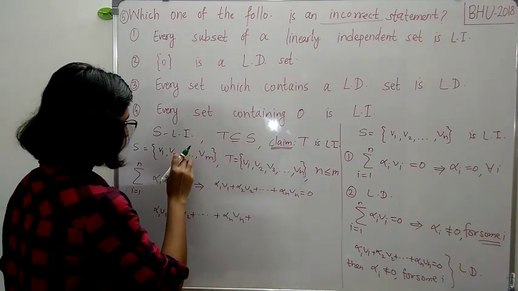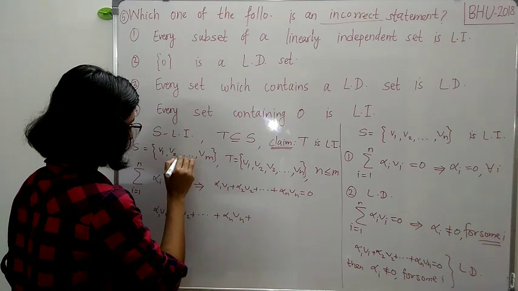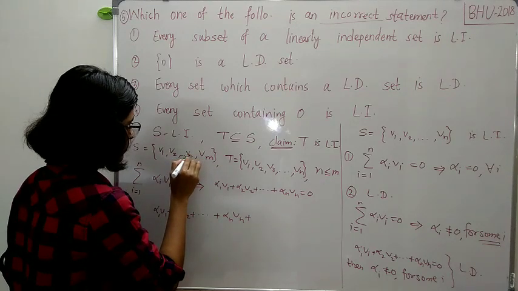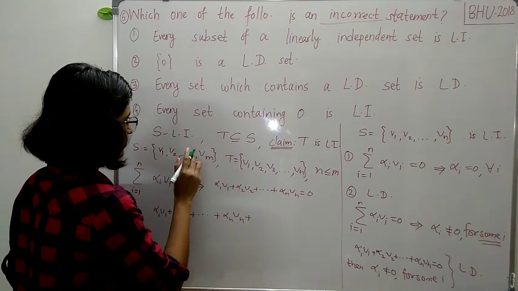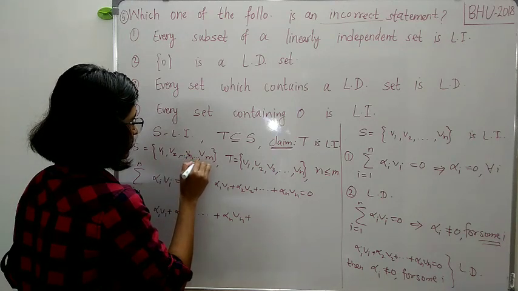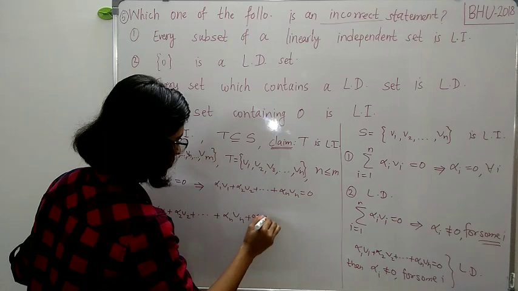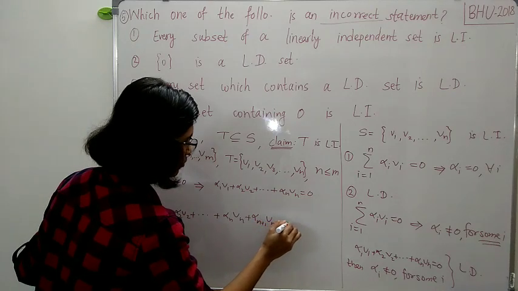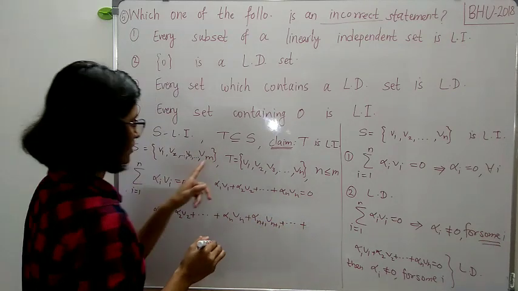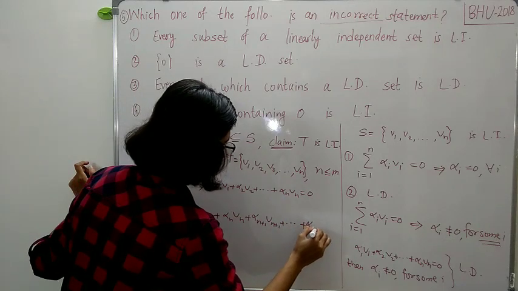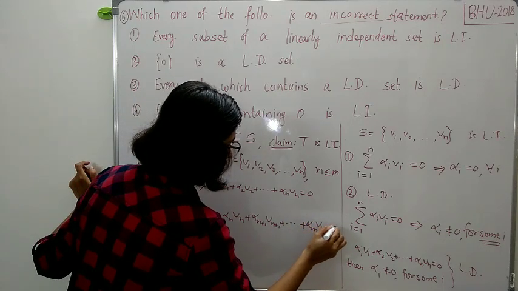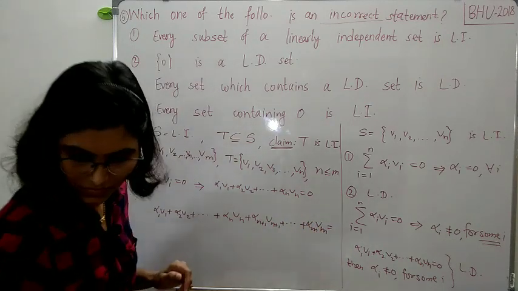Now let us assume that vn is somewhere here, so we can write this as plus alpha n plus 1 v n plus 1, and so on up to the last entry, alpha m vm.